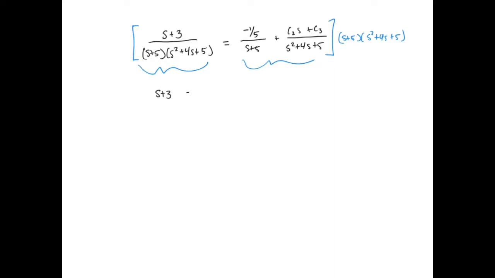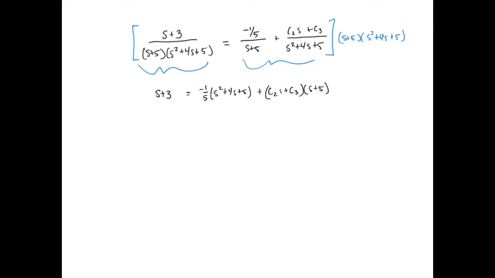And then on the right-hand side, we end up with negative 1 over 5 times (s² + 4s + 5), plus (c2 s + c3) multiplied by (s + 5). In this case, we only have one equation, and we have two unknowns, c2 and c3. But by grouping like terms, you'll find that we have enough information to solve for this.